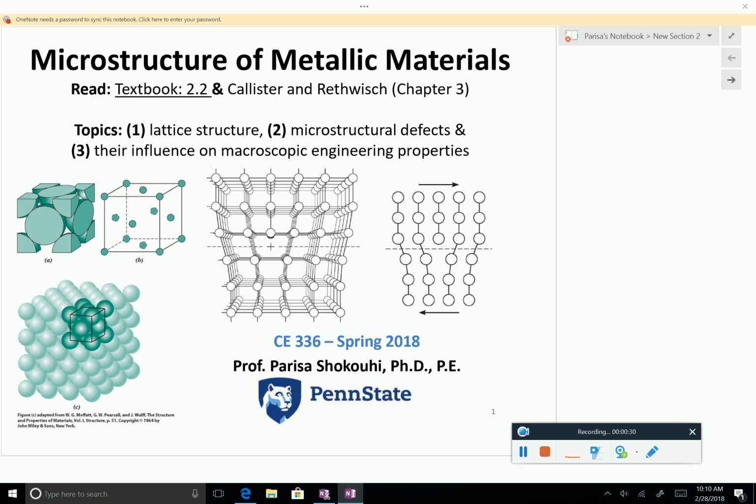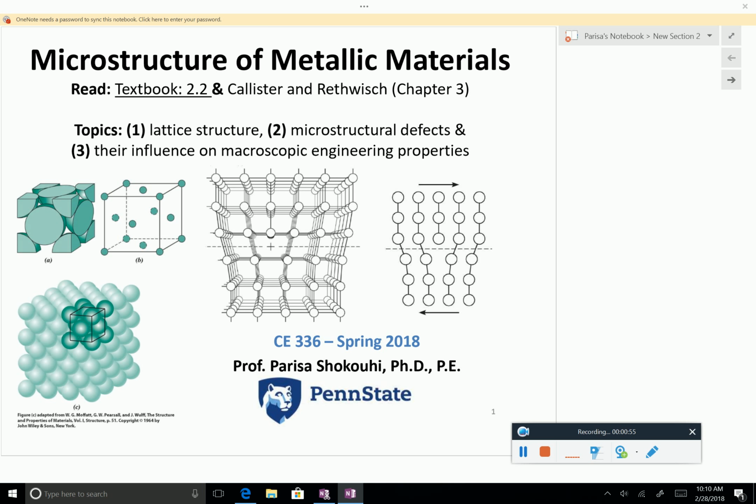That's why we emphasize the microstructure of metallic materials, because soon we are going to talk about different kinds of materials. So we go from the very sciencey part of this class towards the more engineering parts.